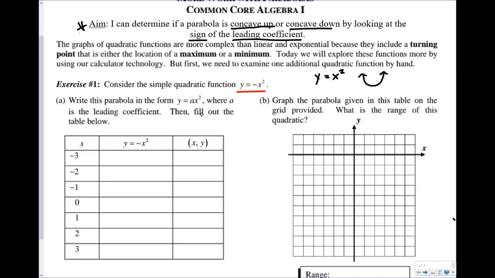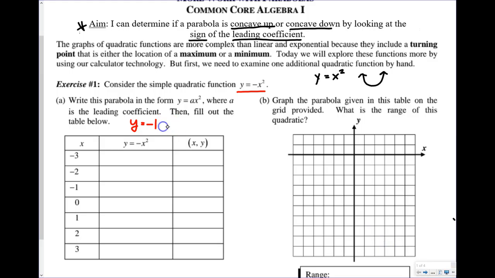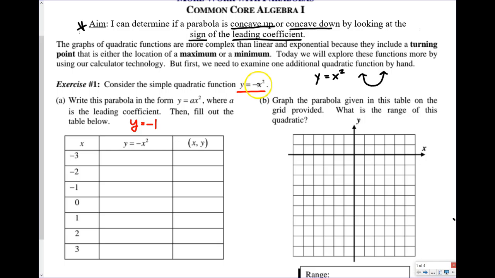So what would a be here? Well, a would be negative 1x squared. Okay, so a is negative 1. Remember, we always have those invisible 1s right here? There's like a little invisible 1 in front of that. So this is like saying negative 1x squared.